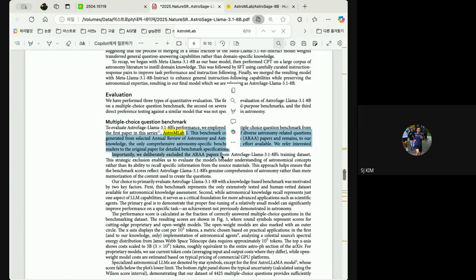So maybe this is a Q&A test, I think. Then when the AI returns the answer, how do they evaluate these answers? Correct. Yes.